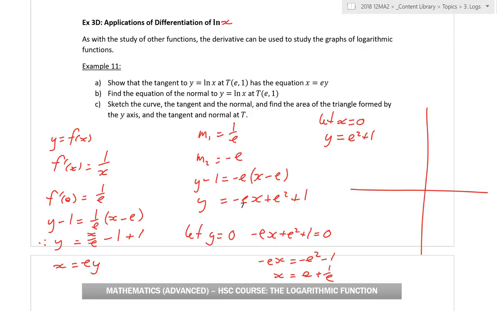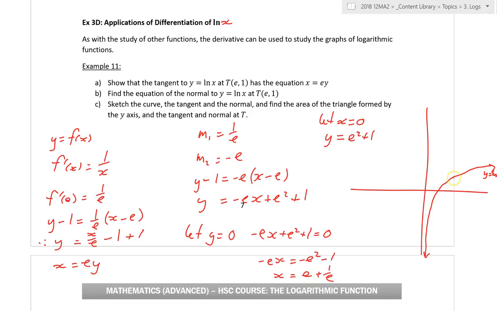I'm going to run out of space to do all my calculations, but we know that we have our curve, which looks like this, right? That's y equals log of x, at the point e, 1.